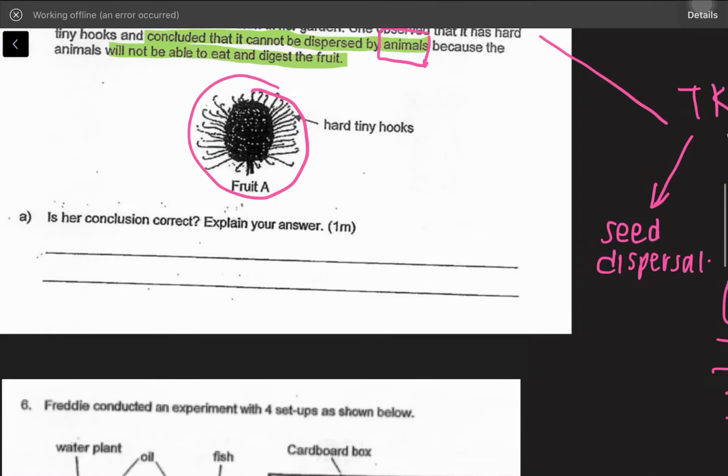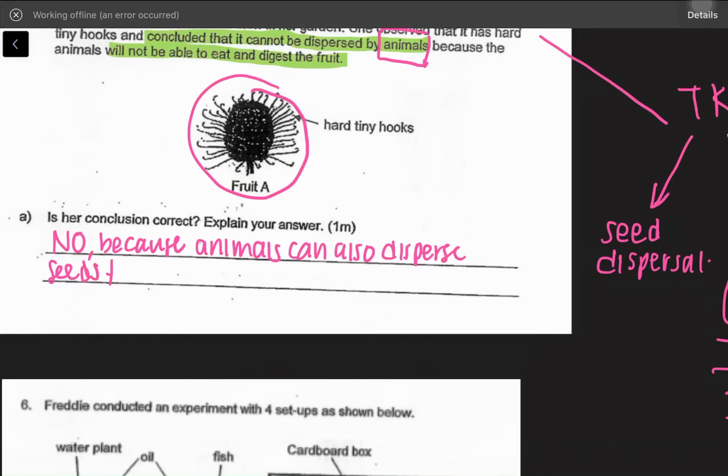So based on our TKR square, we would say no, because animals can also disperse seeds through carrying them on their bodies.